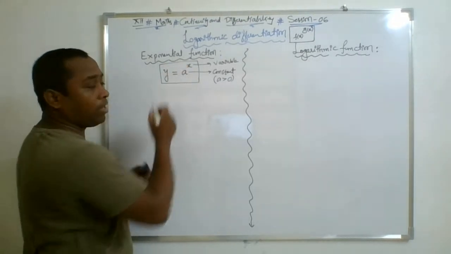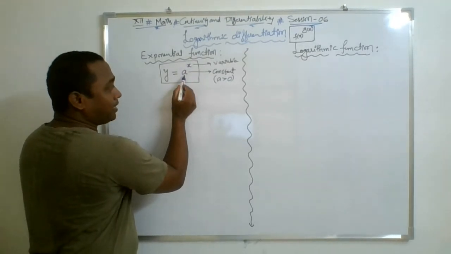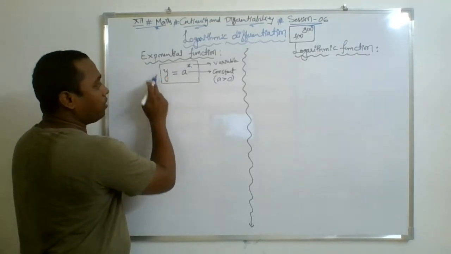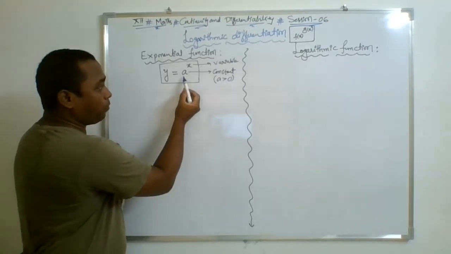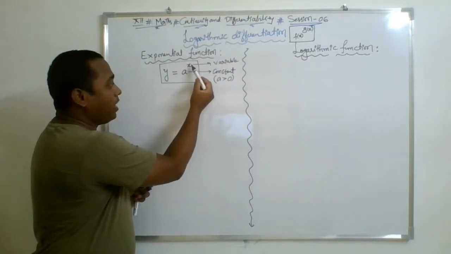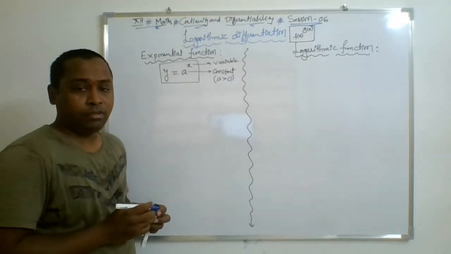Hence, for a positive base with any real power, you always get y as positive, because a is positive and x may be positive or negative. While simplifying, you will get the value of y as always positive.